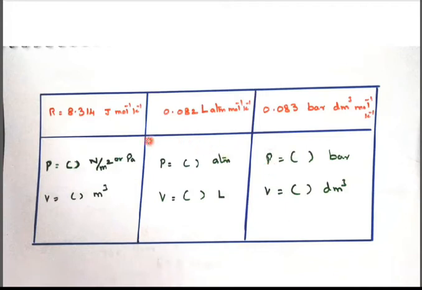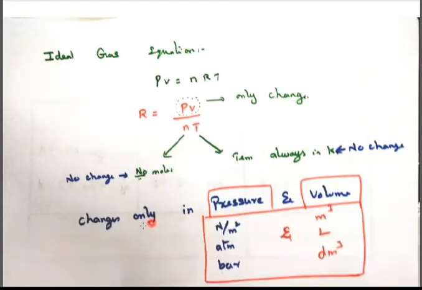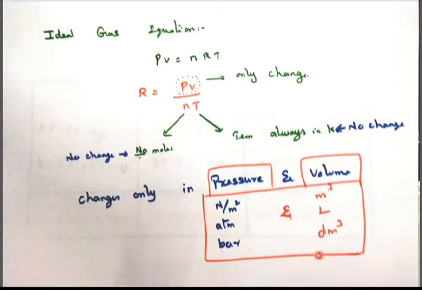In the ideal gas equation PV equals nRT, R is equal to PV by nT. Only PV will change. There is no change in the number of moles, and temperature is always in Kelvin. Changes are only in pressure, in Newton per meter square, atmosphere and bar, and volume, in meter cube, liter and decimeter cube.